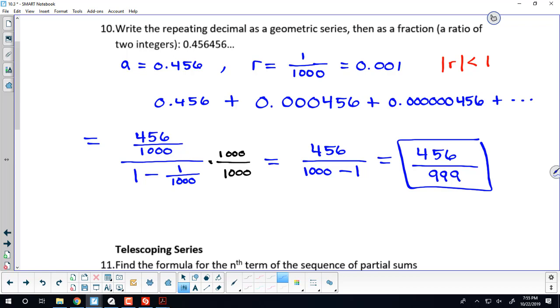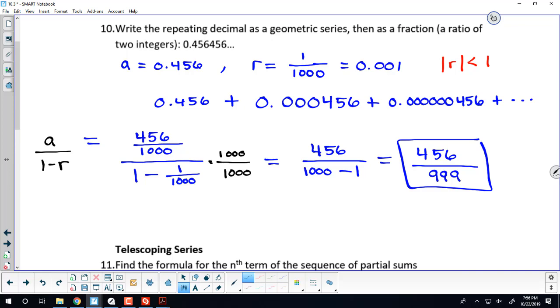So that's how we would represent 0.456 repeating as a fraction. Any questions on that example? So just right here, this is A over 1. All right.